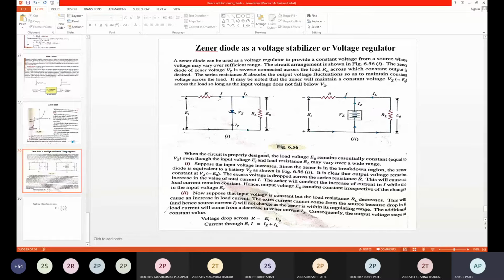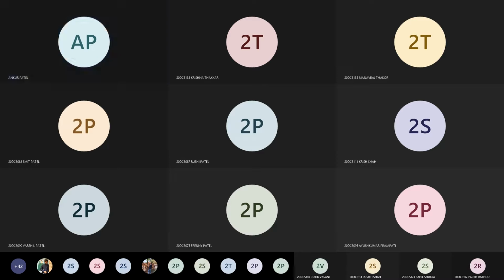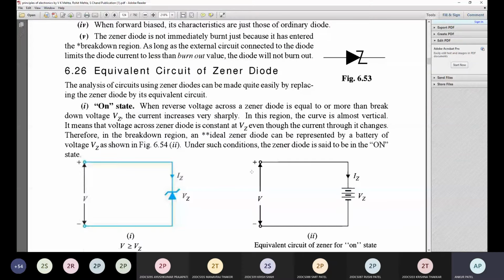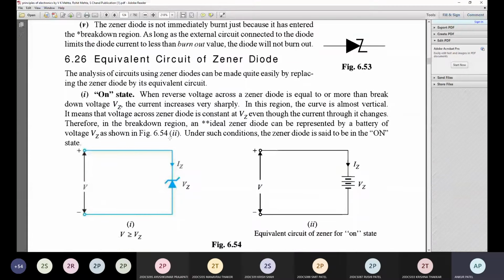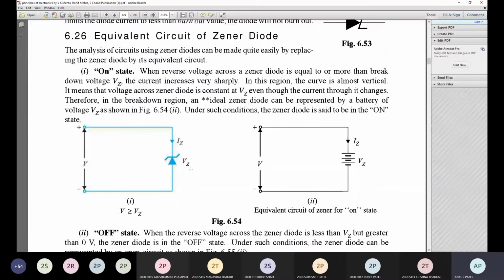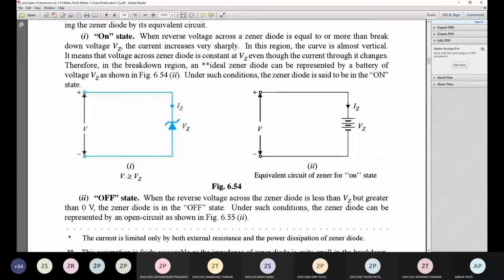I am showing a PDF for this, so you can understand the open switch and closed switch behavior of the Zener diode. This is the on state: when the voltage across it, V, is greater than or equal to VZ, it acts as a closed switch, and you can show the voltage across the Zener diode as a battery voltage VZ.